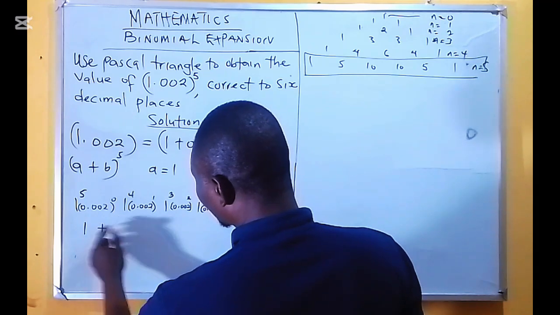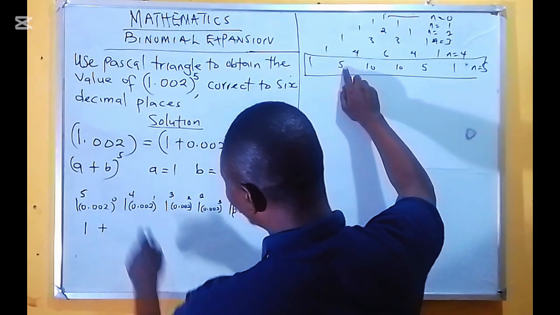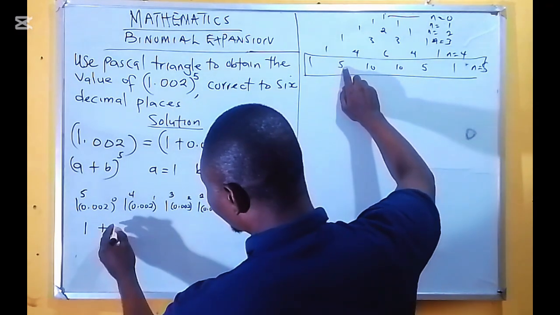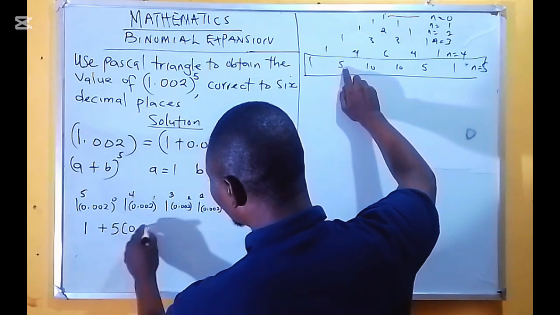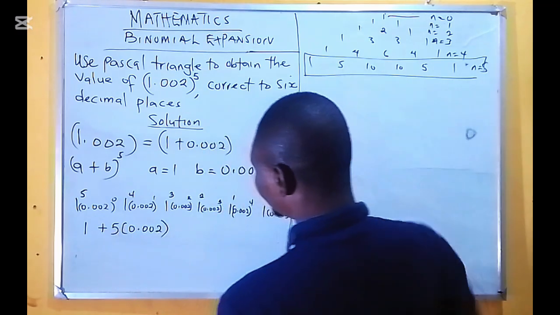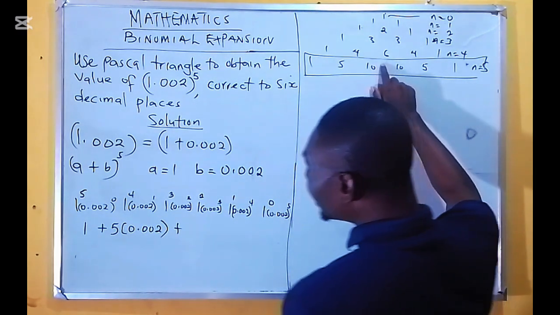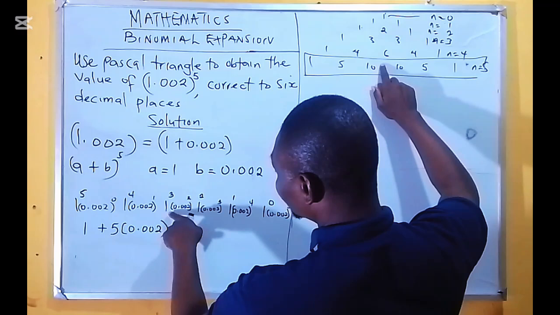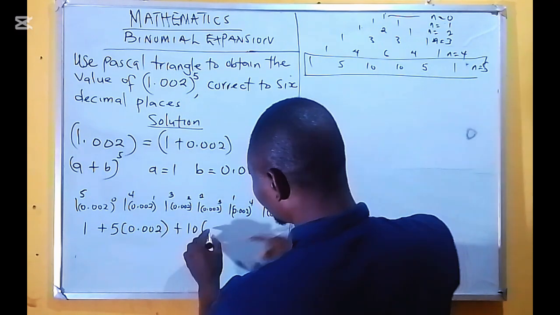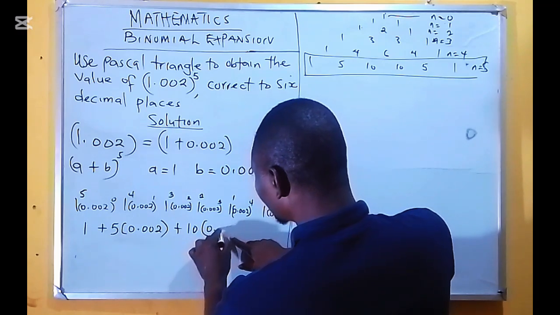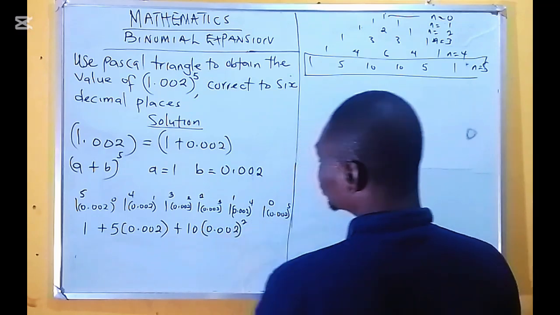Then you add plus 5 times 1 raised to power 4 is still 5, then times 0.002, plus 10 times 1 raised to power 3 is still 10, into 0.002 raised to the power of 2.